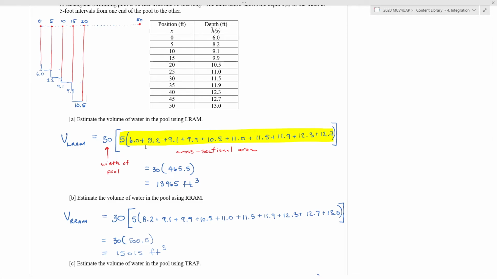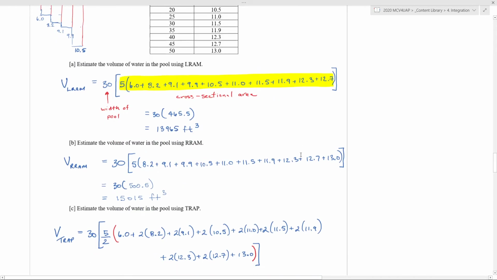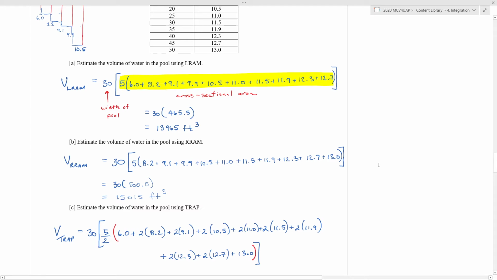Now, rather than using rectangles, yes, we could use trapezoids. Okay, there's the calculation for trapezoid. I used the shortcut. So 6, and then 2 times all the depths in between, except for the last one of 13. Multiply that by the width, which is 5, but don't forget for trapezoid we have to divide by 2.